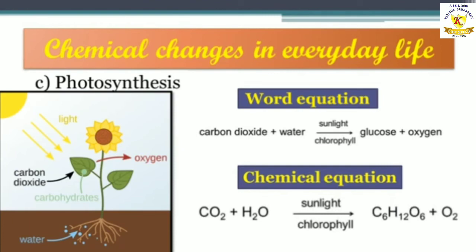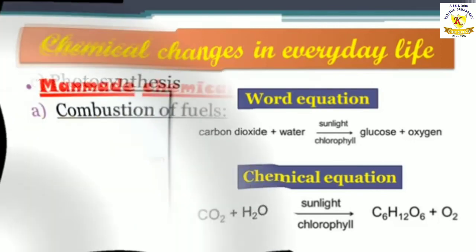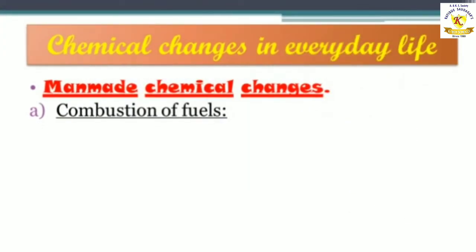And the chemical equation would be CO2 plus H2O in the presence of sunlight and chlorophyll gives us C6H12O6 plus O2. Now we will move ahead to man-made chemical changes.